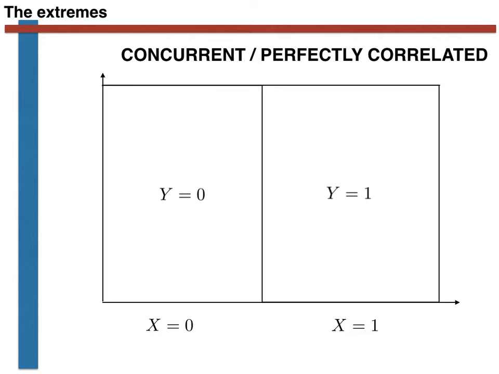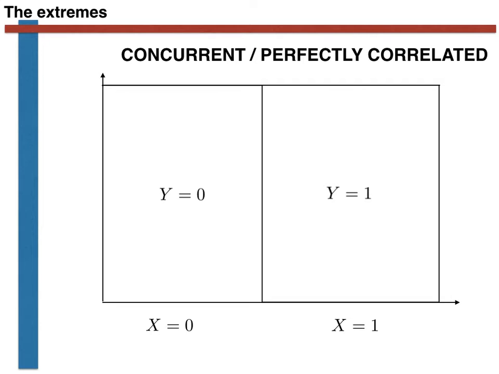In fact, we can move these lines so far that y equals 0 whenever x equals 0, and y equals 1 whenever x equals 1, as shown here. When we do so, we say that the random variables, capital X and capital Y, are perfectly correlated. The events x equals 0 and y equals 0 happen concurrently, and the events x equals 1 and y equals 1 also happen concurrently.